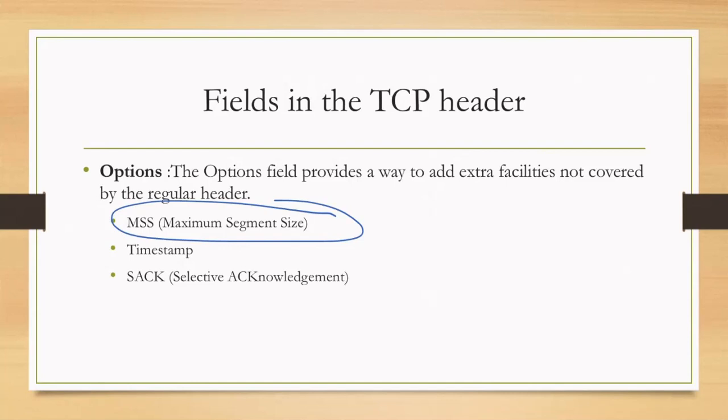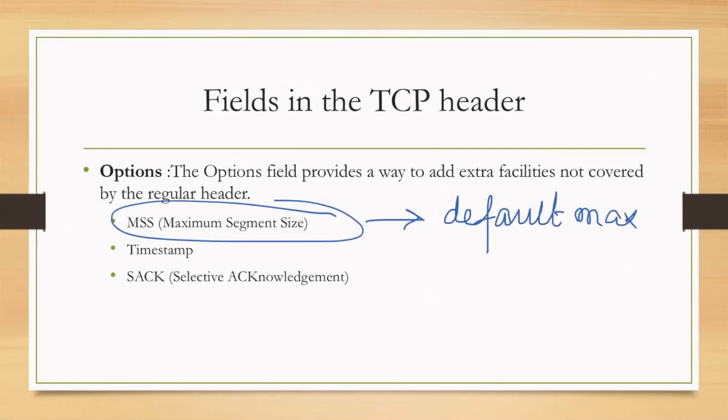The sender can have a different maximum segment size, and the receiver can have a different maximum segment size. If this option is not used, then a default maximum segment size is used.